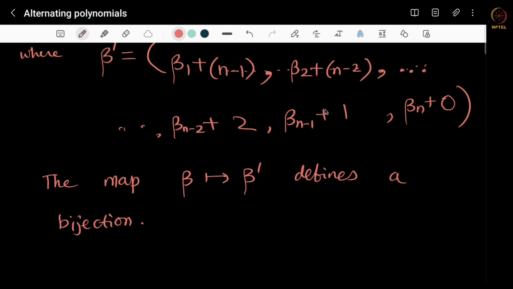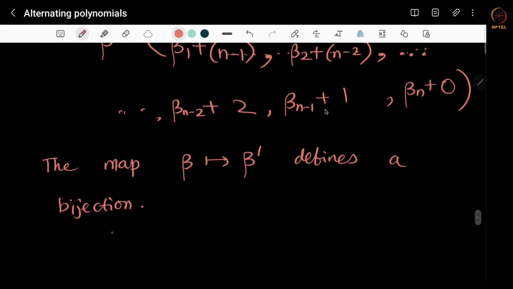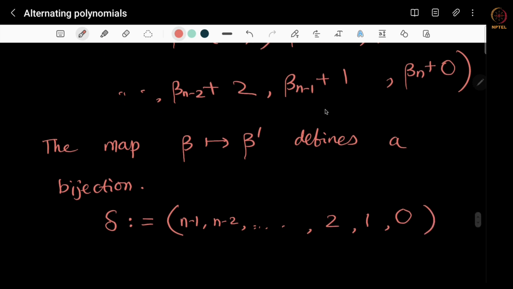Okay, and these numbers that I add, 0, 1, 2, 3 till n minus 1, I can rephrase my map as follows. Let me define a special multi-index, let's call it delta, which is basically these numbers that I added, n minus 1, n minus 2, and so on down to 0. So that's my index.